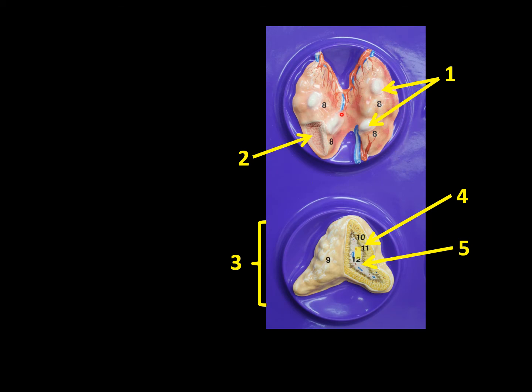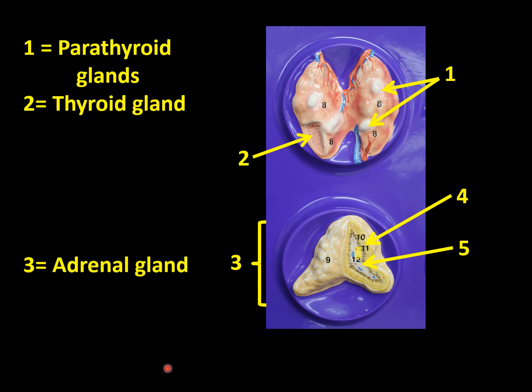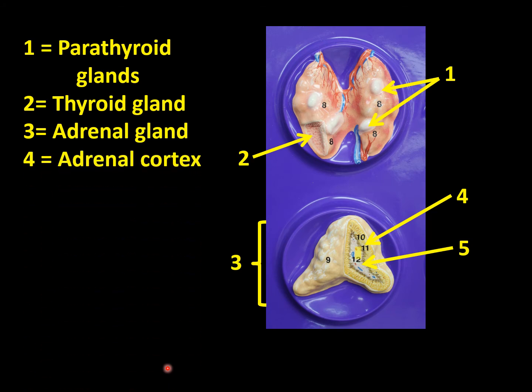They are connected by an isthmus, and this is the dorsal aspect, so we see two pairs of parathyroid glands. The lower model shows us the parts of the adrenal gland, and we will look at the adrenal gland shortly.